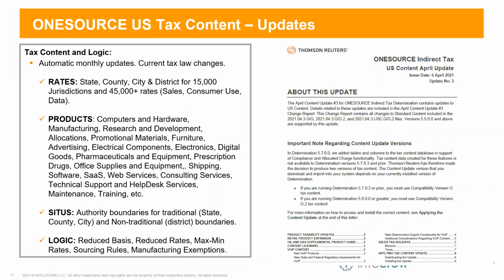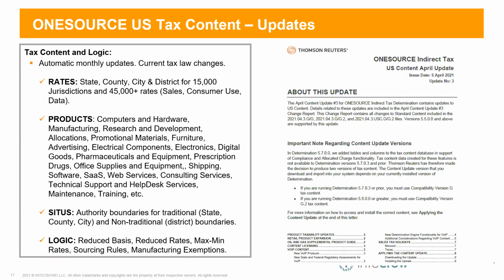But in addition to the rates, right, the product taxability, sourcing rules, logic such as, for example, in some cases, like in Florida, we have the discretionary sales tax. In some counties in Tennessee, you have the max cap rule, and so on and so forth.